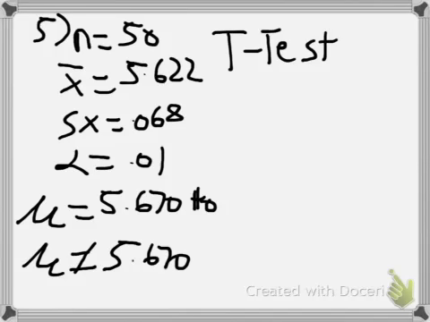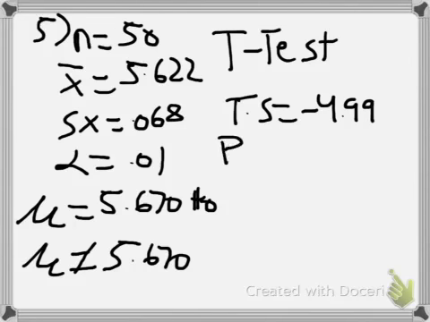So we do t-test, input that information, and we get a test statistic of negative 4.99. The p-value is 7.96 times 10 to the negative 6, so a very small number.